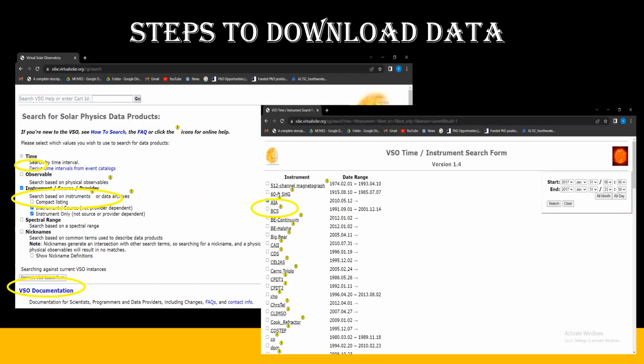As you can see on the right hand side, we selected the date and time. And one important thing is that the data we used is from the year 2017, because it was the time of solar minima. And as Anjali already mentioned, at that time the coronal holes are more common and persistent.